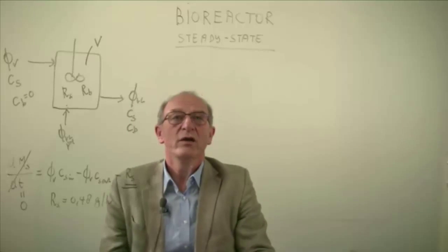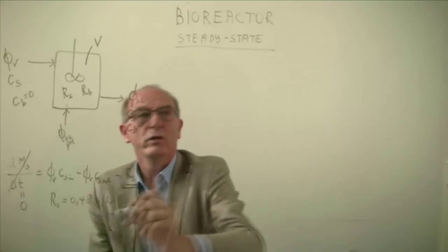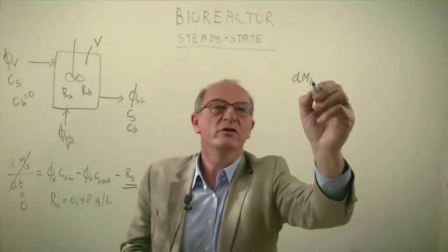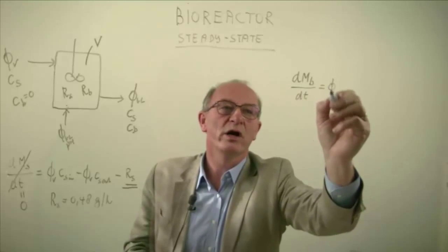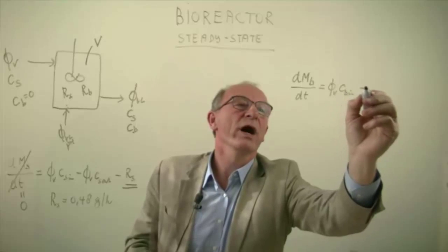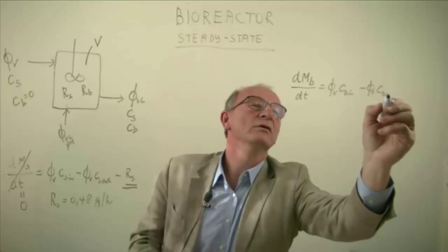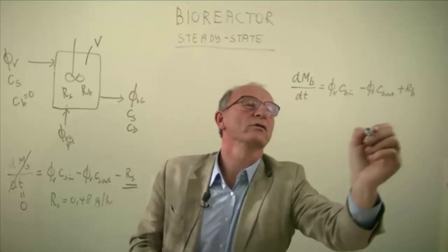Well, in a similar way, we could derive the conversion rate of the biomass. Let's do that at this side. The change of biomass as a function of time is the amount of biomass entering the system minus the amount of biomass leaving the system plus the amount which is produced in the bioreactor.